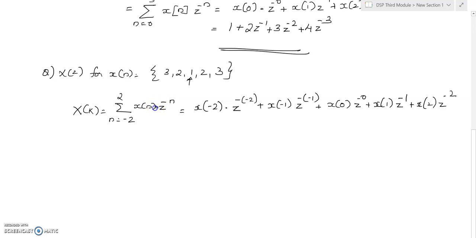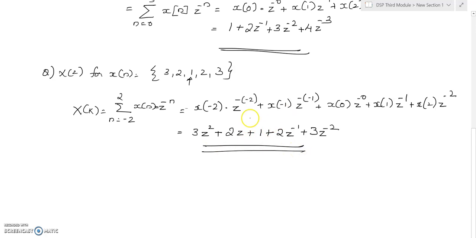When we solve this problem, that would be 3 into z raised to 2, plus 2 into z raised to 1, which is equal to z, plus 1, plus 2z raised to minus 1, plus 3z raised to minus 2. This is again another way of solving this Z transform problem.